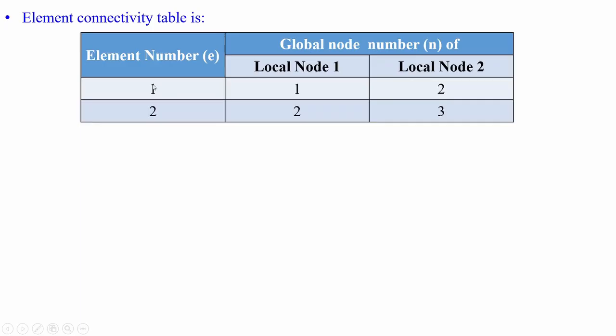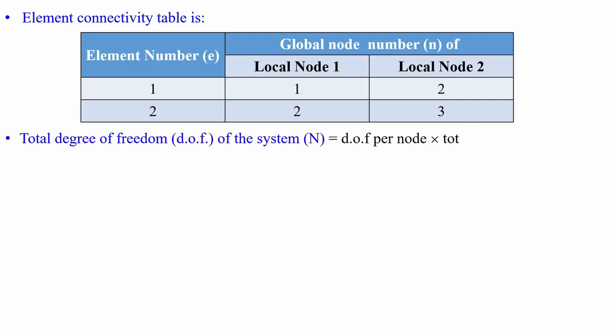For element 1, we have local node 1 as 1 and local node 2 as 2. Please remember, these are global node numbers. For element 2, we have global node number 2 as local node 1 and global node number 3 as local node 2.